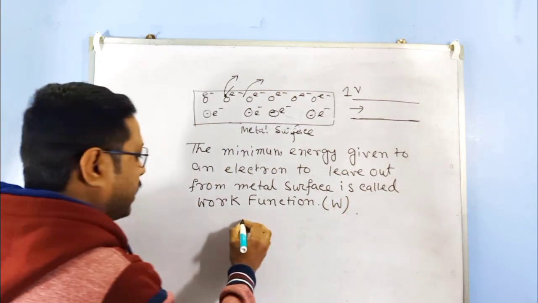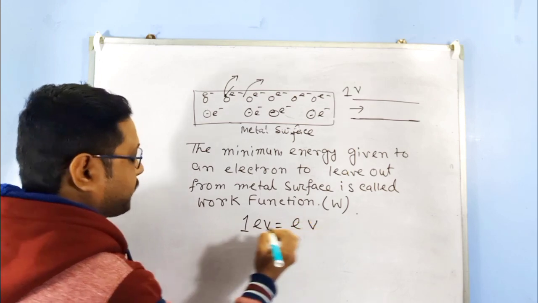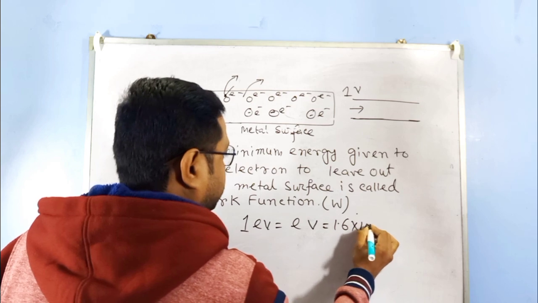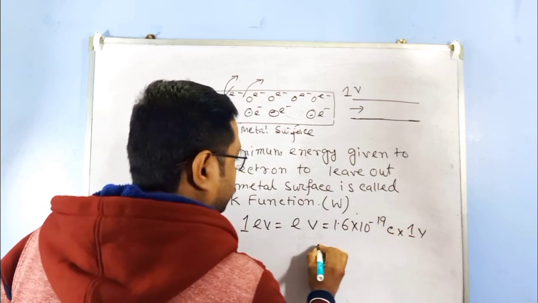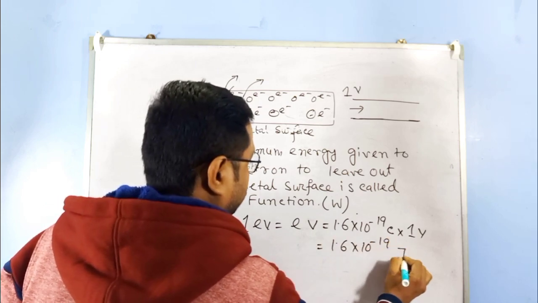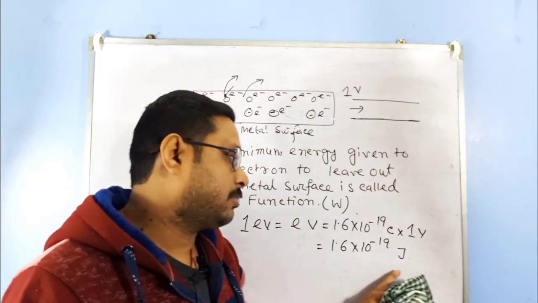So, 1 eV is equal to e into V. Here e means the charge of the electron, which is 1.6 into 10 to the power minus 19 coulomb, into 1 volt. So, 1 eV equals 1.6 into 10 to the power minus 19 joule.